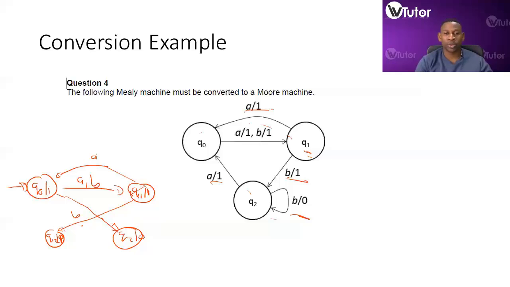Q2 with 1 can go to Q0 with an A, and we also found that Q2 needs to have an A going out to Q0, and then B stays here.